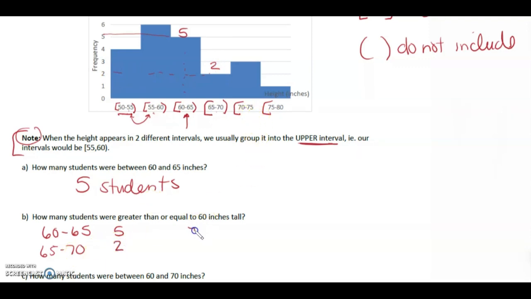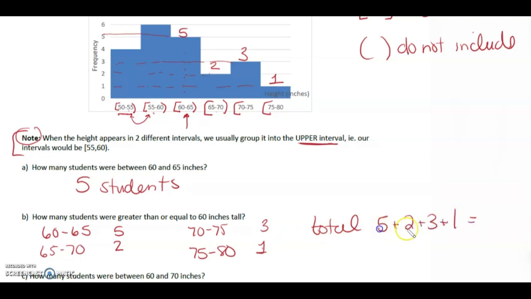We'd have to include 70 to 75, which is 3 students. And we'd have to include 75 to 80, which is 1 student. Okay, so the total is 5 plus 2 plus 3 plus 1. So it's 11 students. So 11 students were greater than or equal to 60 inches.